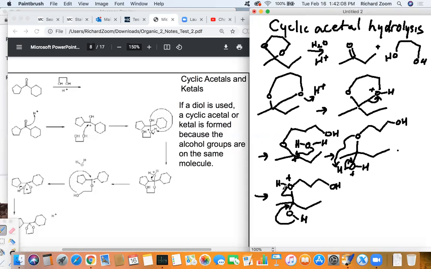The ketone reforms and the leaving group leaves, and we're left with our product, which is actually the ketone and H plus and the alcohol. Let's see, where did the waters, nothing else came up here? That's all right, I think that's good. So that's it for that one there. So you get possibly either one of those, either the cyclic acetal formation or cyclic acetal hydrolysis.